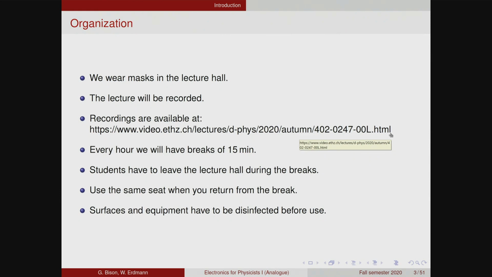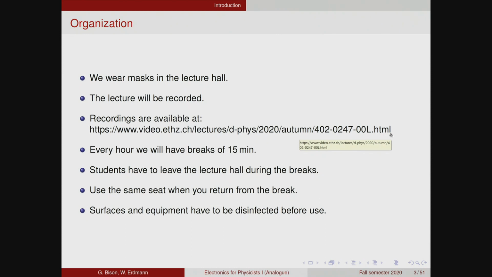Yeah, so this room is at capacity in Corona times, which means that unfortunately you will have to wear masks all the time. We will take every hour a break of 15 minutes, and during that time, we will try to get as much air exchanged as possible. It also means that you have to leave the room in the breaks.